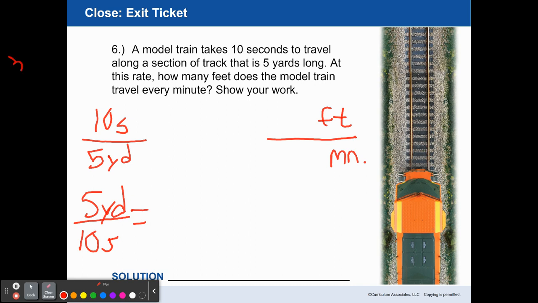So if we don't know, there's 3 feet in 1 yard. And then there are 60 seconds in 1 minute. And we want to convert, and you can convert using ratios.